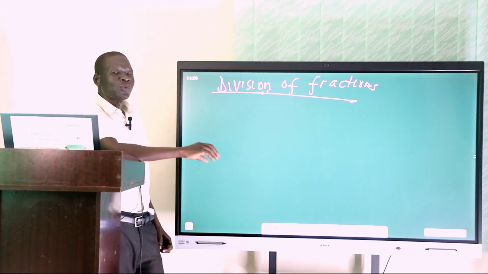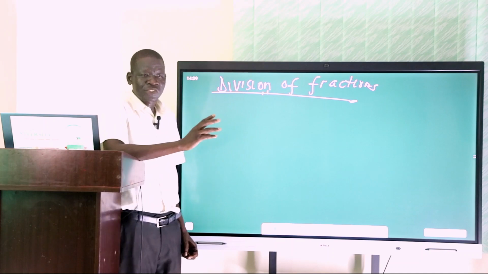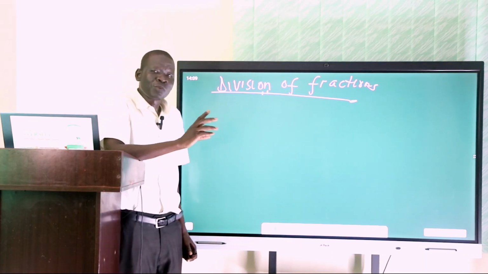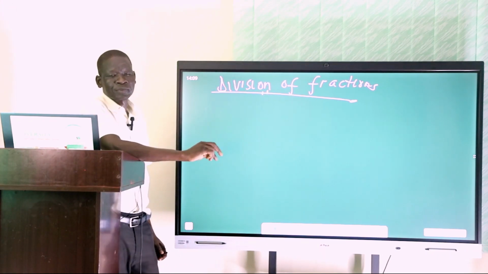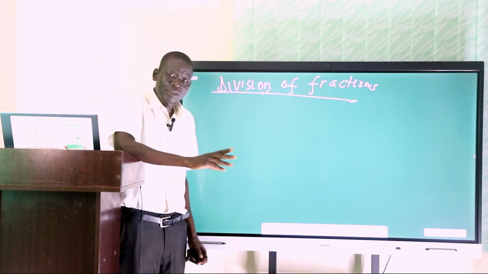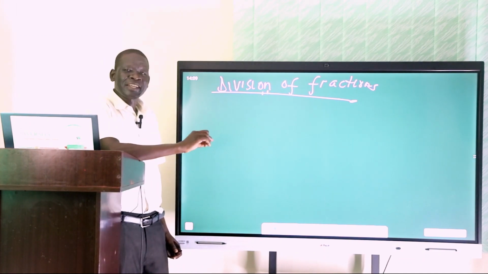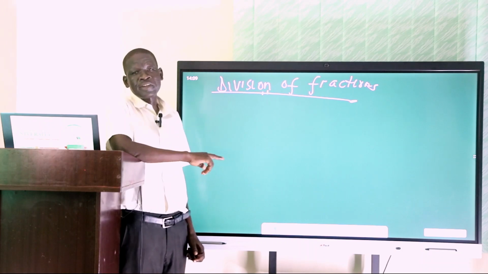I repeat, when we are dividing the fractions, you multiply the divisor by the reciprocal of the dividend.